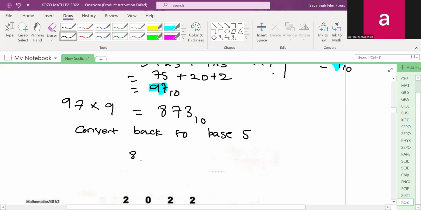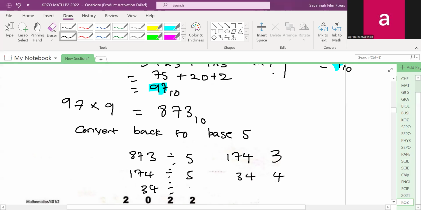So we'll say 873 divided by 5, we'll get 174, remainder 3. Then the same 174 divided by 5, we'll get 34, remainder 4. Then 34 divided by 5, we'll get 6, remainder 4.